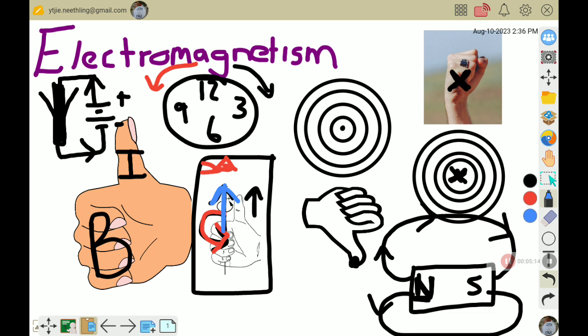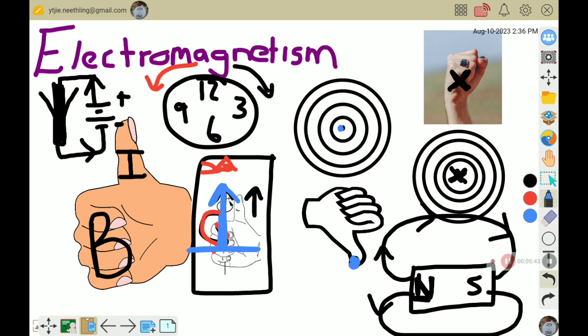If the page was there, we would have seen the current coming out of the page. If you look at your thumb, the top part pointing towards you, you will see it will make a dot there. So anytime that you see a dot, we know that the conventional current is coming out of the page.